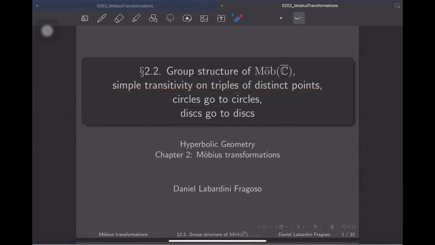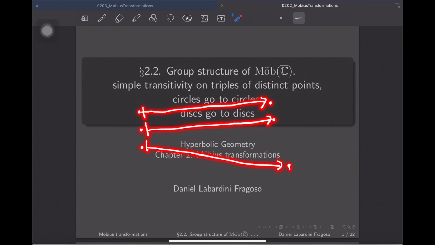That is, we showed that whenever we are given two ordered triples of distinct points in C bar, there is exactly one Möbius transformation taking the first one to the first one, the second one to the second one, and the third one to the third one, right?